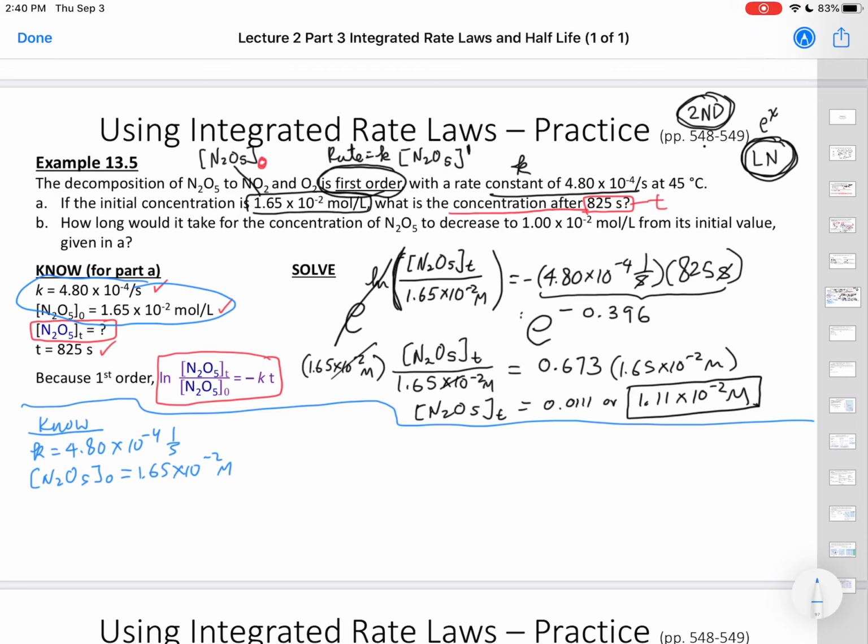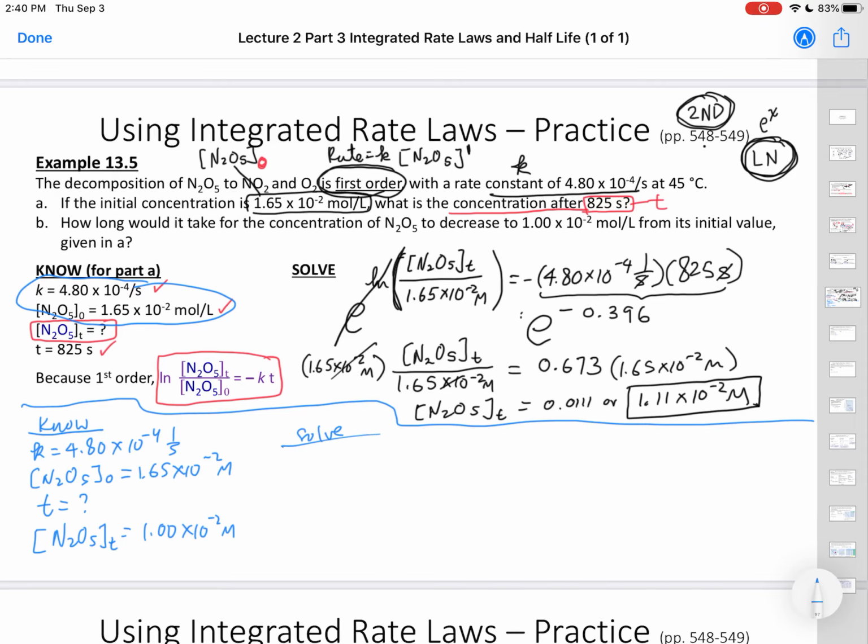Okay, what has changed is now they want you to solve for t. They say, how long would it take? They want to know how long it would take to get the N2O5 concentration to 1.00 times 10 to the minus 2 molar. So again, we're just going to solve.